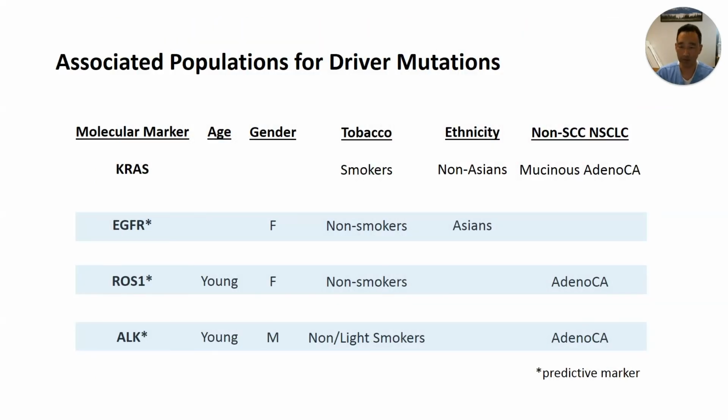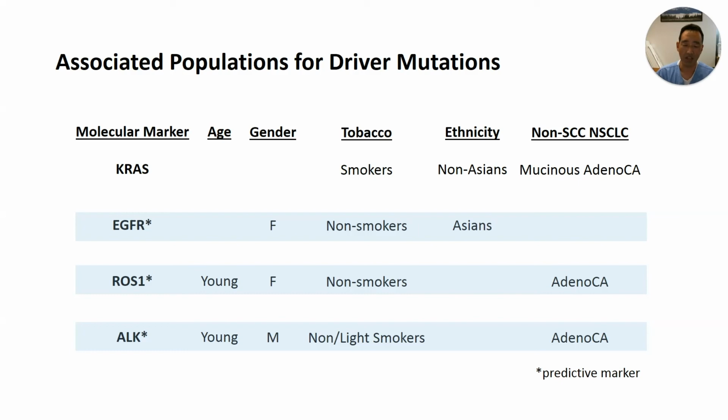If you end up with squamous cell carcinoma in patients who perhaps have a profile that would suggest a higher prevalence of driver marker mutations. So those would be patients who might be younger, maybe female, non-smokers or light smokers, and even some ethnic groups are associated with some of these molecular marker mutations.